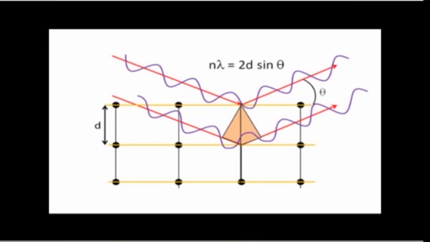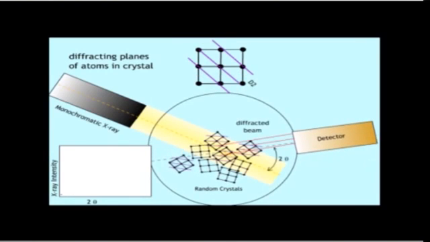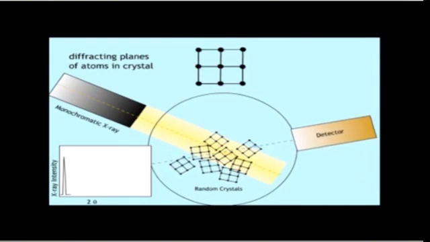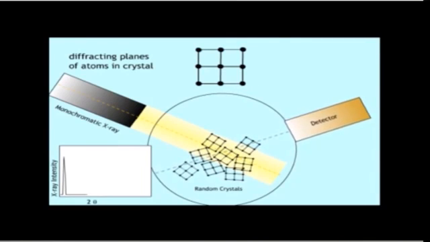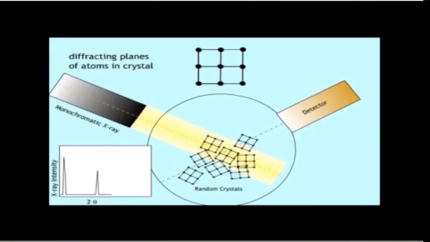Now, as you can see here, the wave is coming from the sample, and from there it is going to the detector. There is a certain ratio of the angle which is important in order to detect the crystal lattice planes.